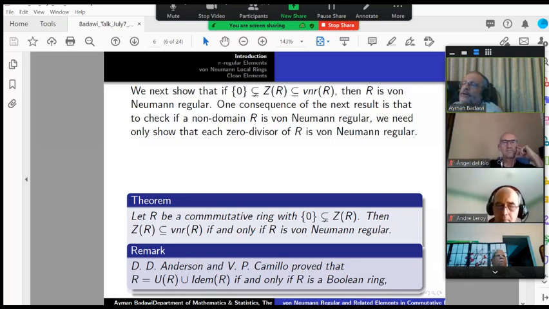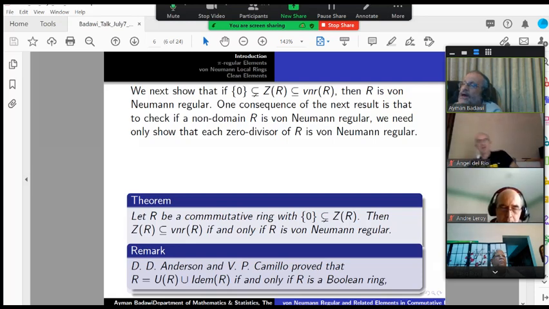This is kind of not surprising when you see the proof. In fact, it's not difficult. This result tells me that to check whether your ring is a von Neumann regular ring, you only need to check the zero divisors of the ring.